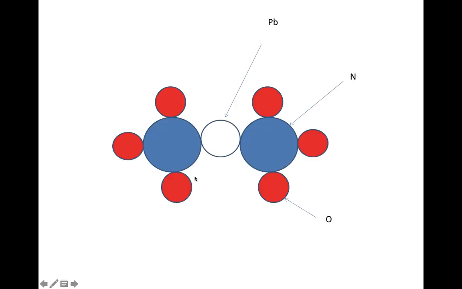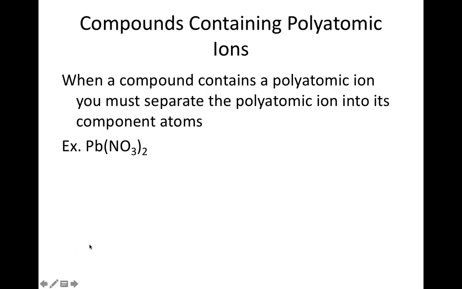So if we draw this out, we have the following diagram. So we have Pb(NO3)2. So there's one Pb. This 2 only applies to whatever's inside the brackets. So there's two NO3s. Okay?